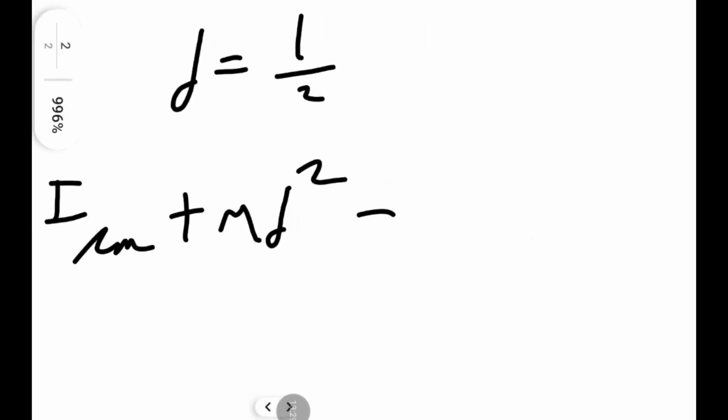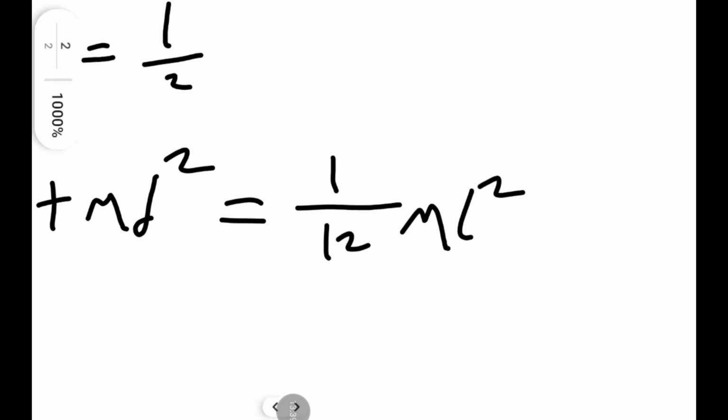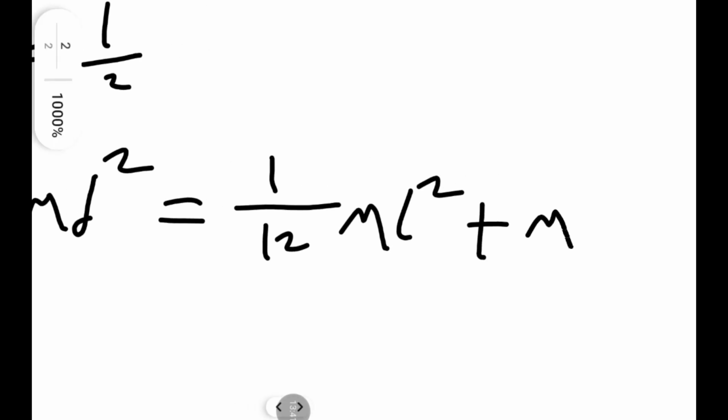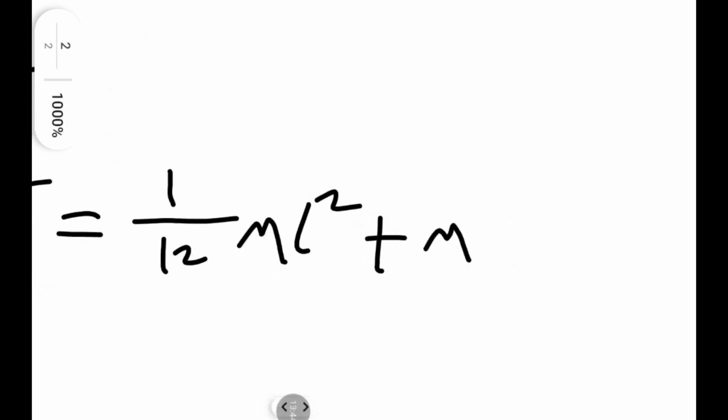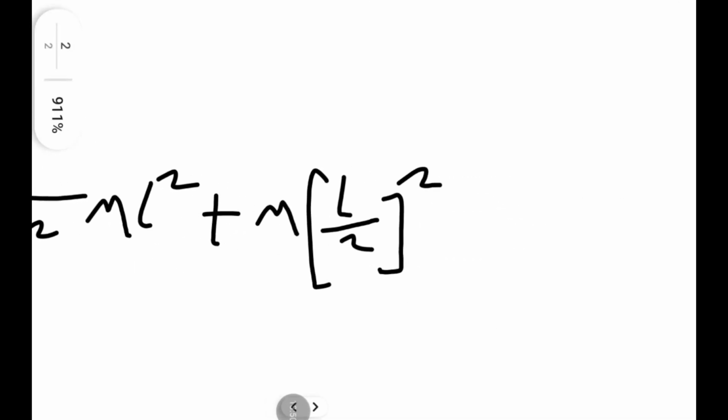Let's put the values in. The moment of inertia around the center of mass, we know, is 1/12 ml squared, plus mass times L over 2 for d, squared. What's that equal to?